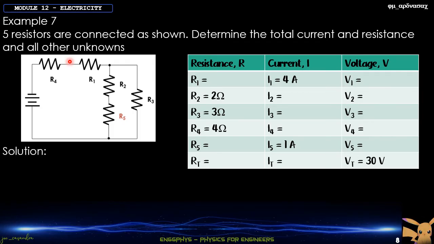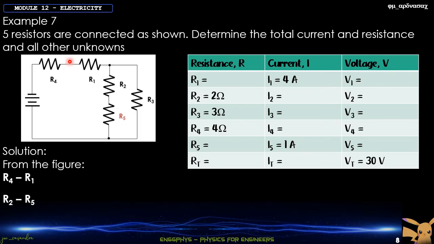So from our figure, we can see that the resistors 1 and resistors 4 are connected in series. And also, from the figure, we could see that R2 and R5 are also connected in series.